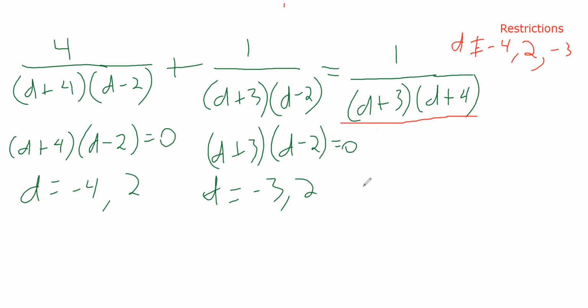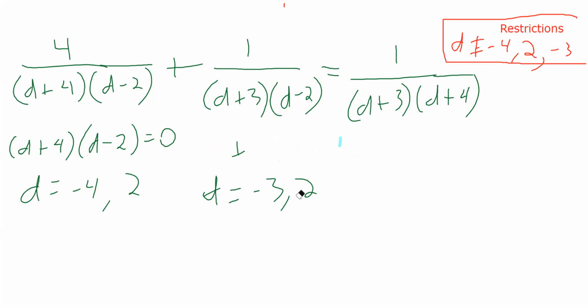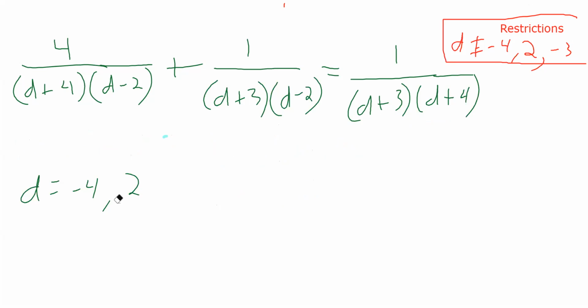That one has already been put into the books, if you will. So these are going to be our restrictions. If we work this problem out and we get any solutions that are one of these three numbers, we actually have to throw that solution out. We say, no, you're bad. So we've taken care of our restrictions.